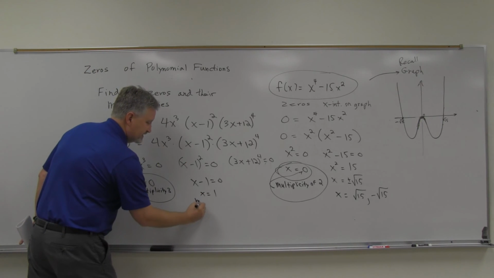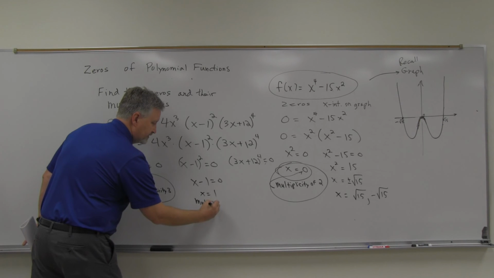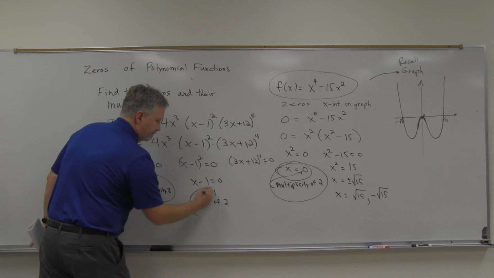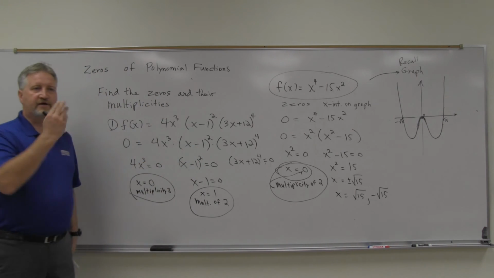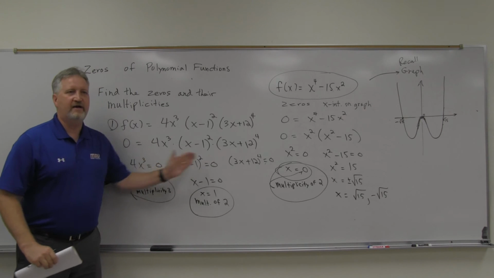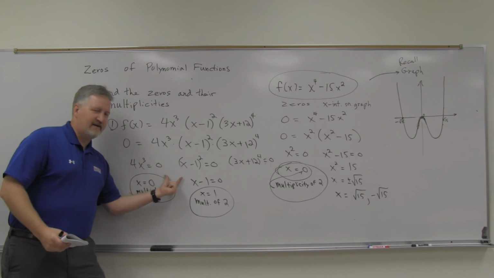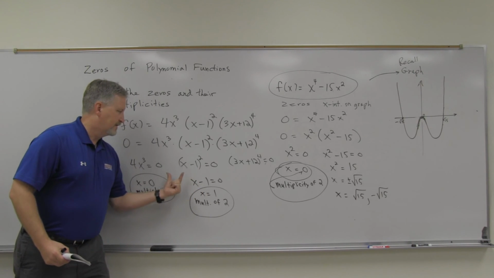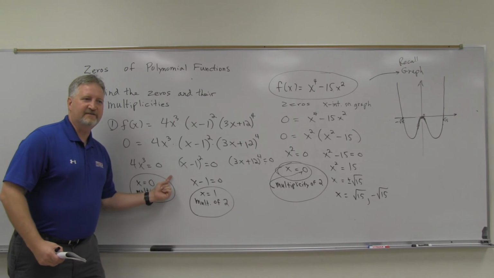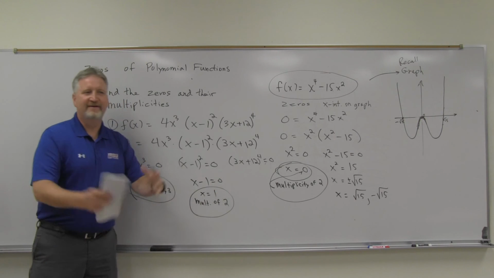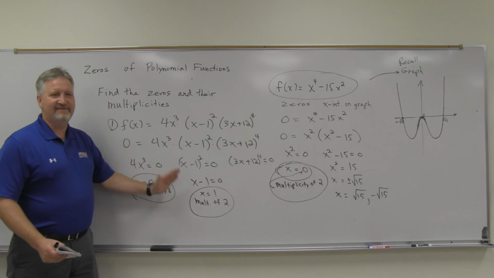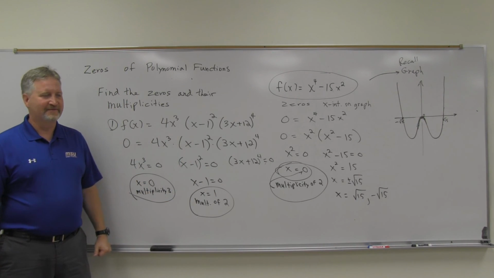But what's the multiplicity? Multiplicity of 2, because it's a square. It occurs twice. You don't have to write it out twice, but that's technically what we could do. It's x minus 1 times x minus 1, and then I have x minus 1 equals 0, x minus 1 equals 0. But you don't have to do that. Just solve it once and just say you've got a multiplicity of 2.